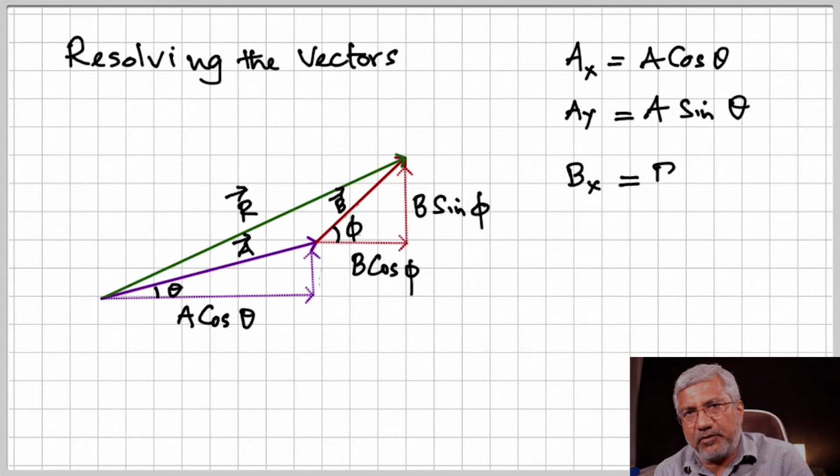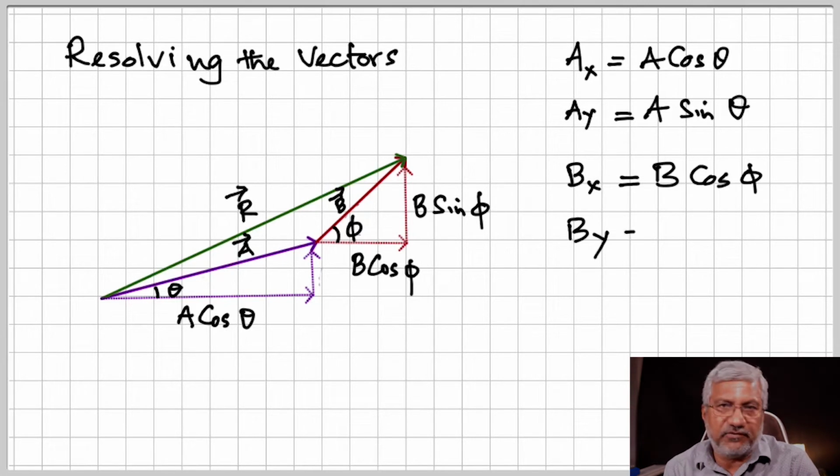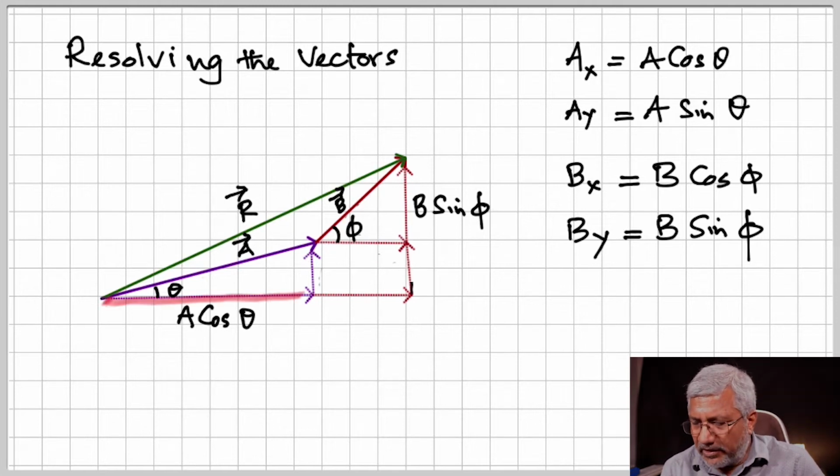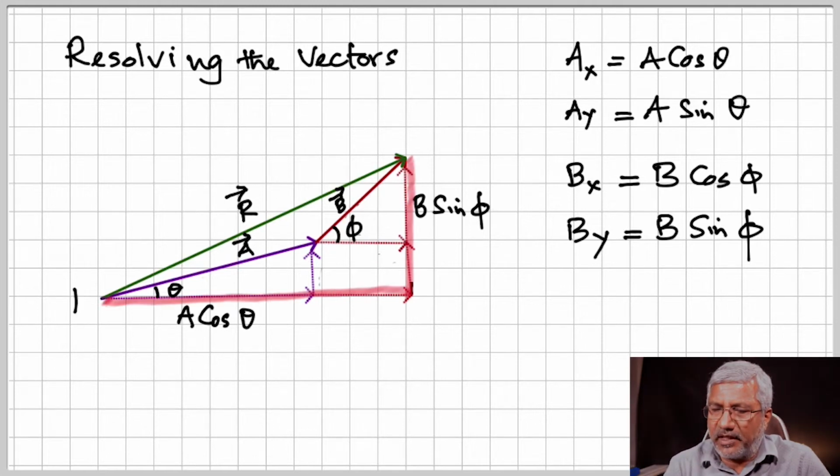For B, it's going to be B cosine phi and B sine phi. And this is true when the angle is taken with the x-axis, okay? So here now, I have added the x components to each other. So you have the first, that's A sub x, that's B sub x. This is A sub y, which is the same as this. They're equal vectors. And then you have B sub y.